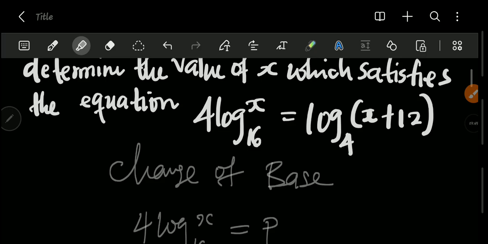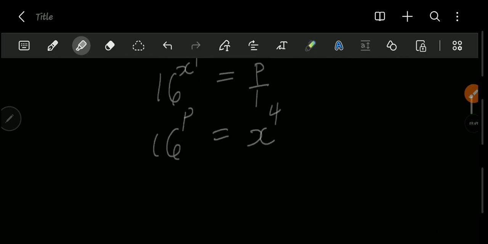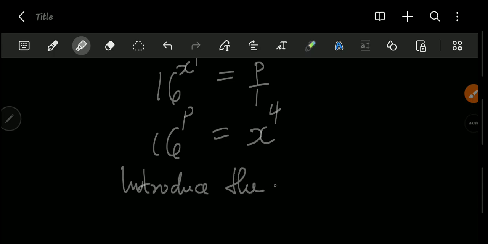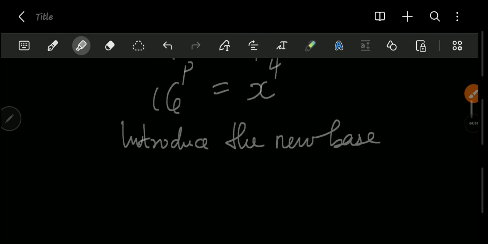I'm seeing 4 here. Assuming you want to change it to base 2, when you get to this junction, since it's 2 you want to use, you introduce the new base. So what's the new base I want to introduce? I want to introduce base 4 in this case.